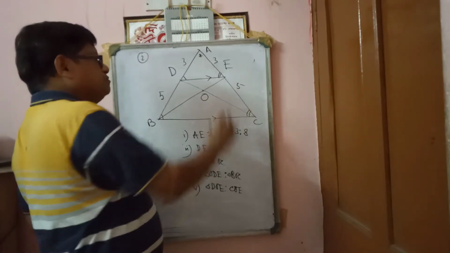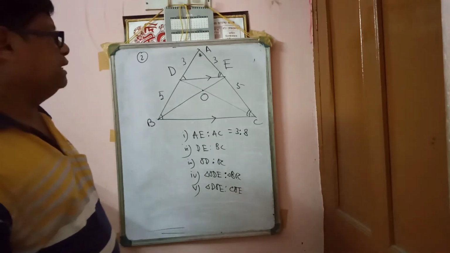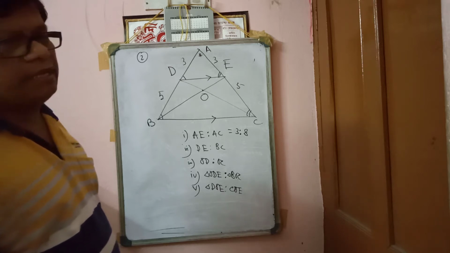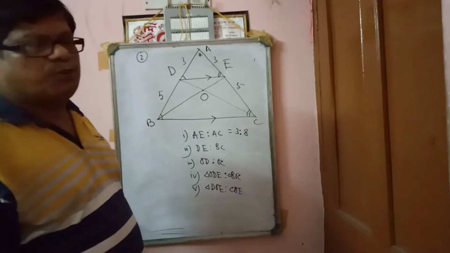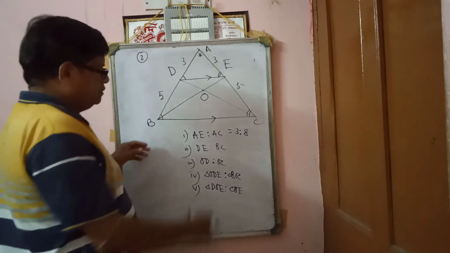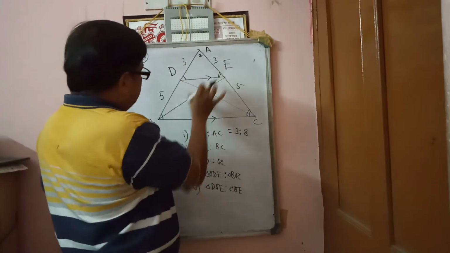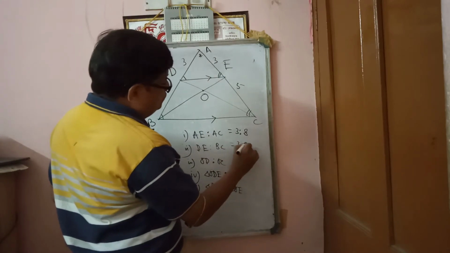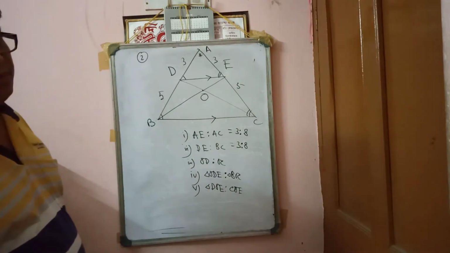So the two triangles are similar, and the sides are proportional. So AD is to AB, AE is to AC, DE is to BC, all are the same. So this is also 3 is to 8.